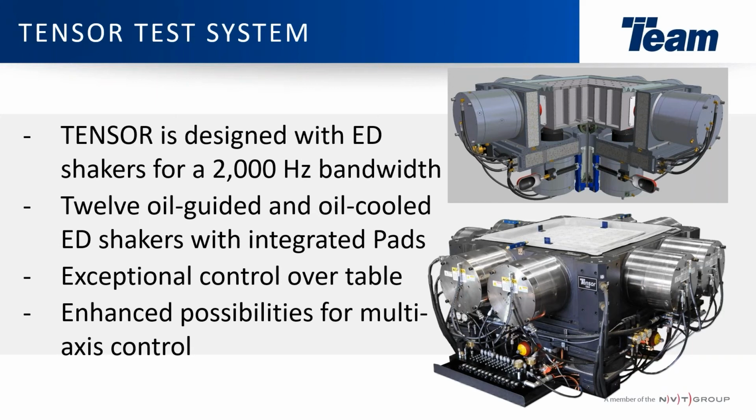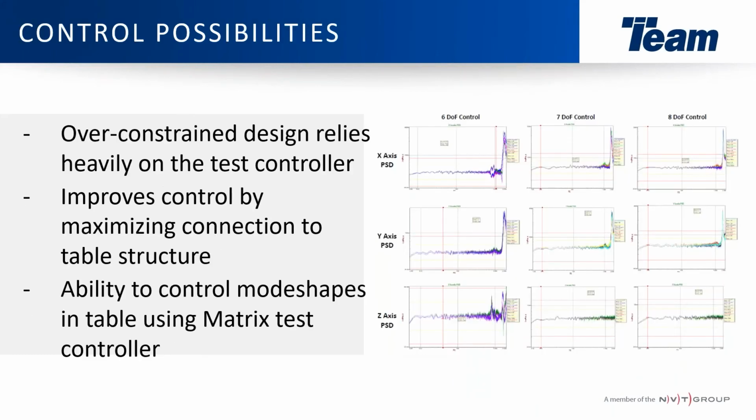So this is sort of a premier system for enhanced multi-axis control. Provides more control over the test and over what the payload is seeing. And so the last thing that we wanted to touch on today was potential control possibilities.